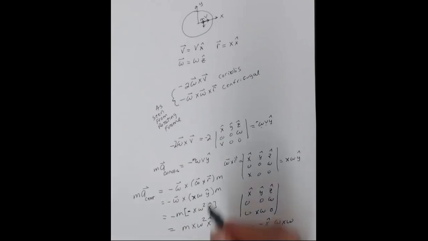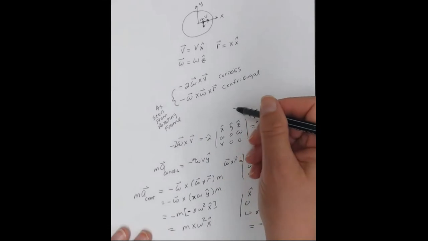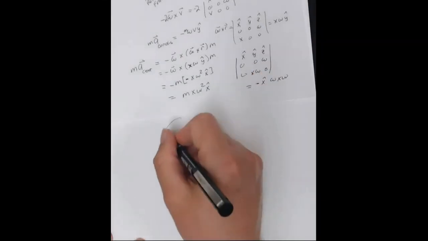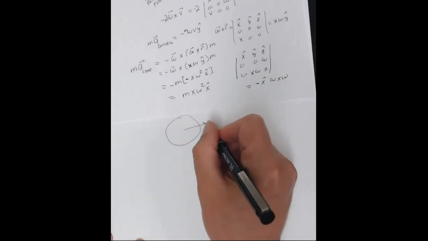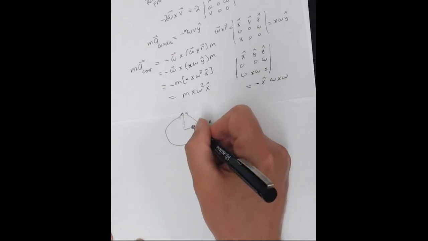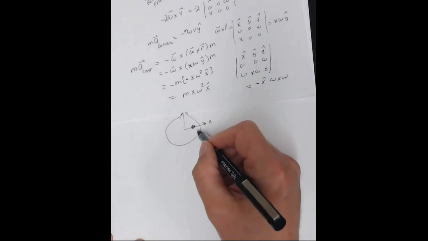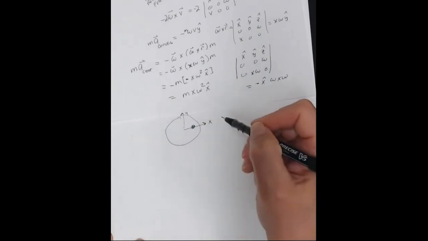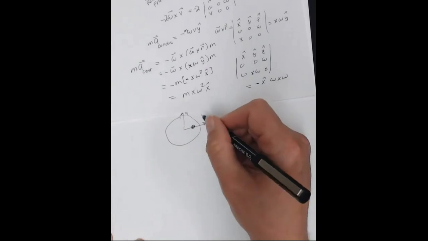To summarize, here's our rotating disk, here's the x direction, here's the y. Here's our bug with mass m. He's going to feel fictional forces. One is in the negative y direction.